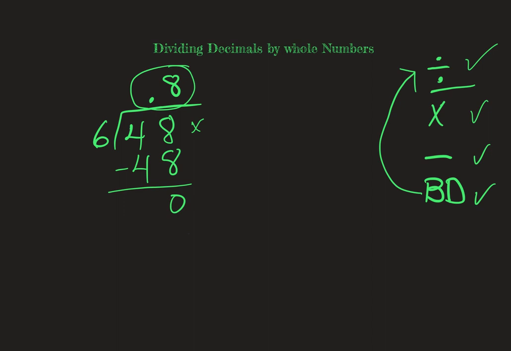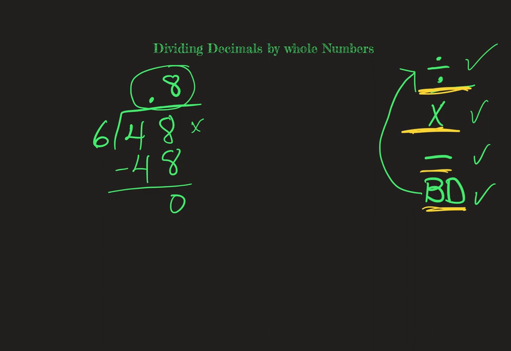As you can see from this example, decimal division, when you're dividing by a whole number, is pretty simple. There's not many steps to it as long as you can follow the 5 steps to division, which again are to divide, multiply, subtract, and then bring down. You will be just fine.